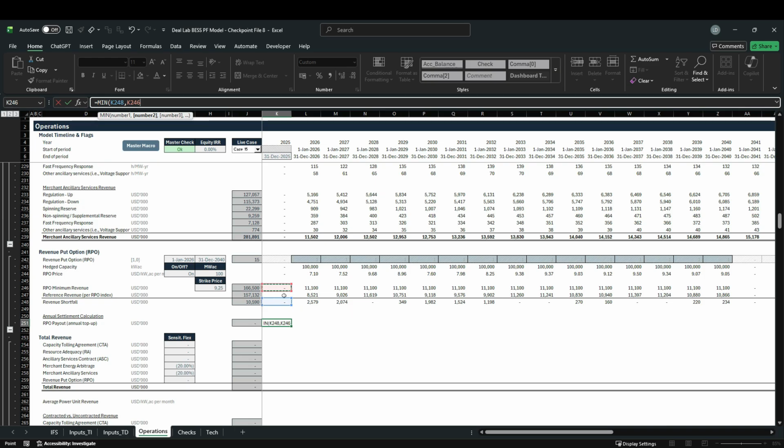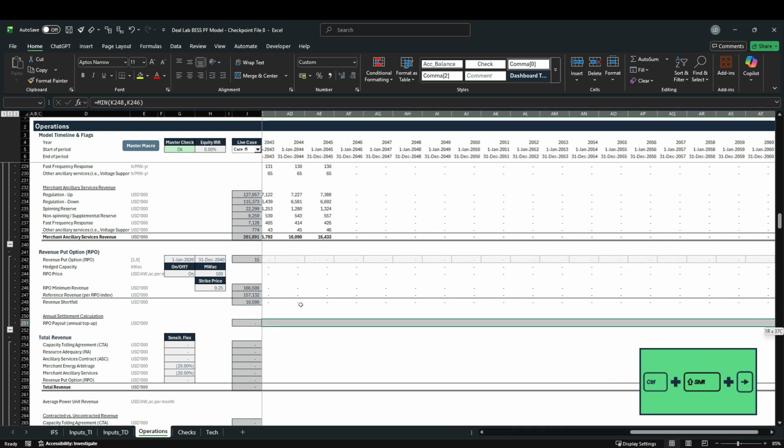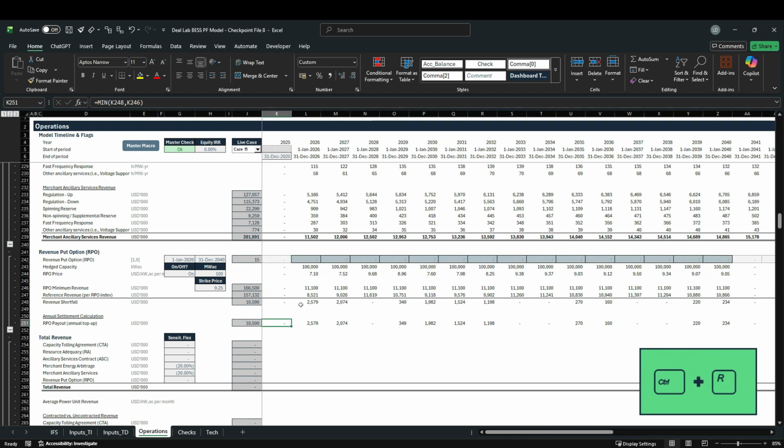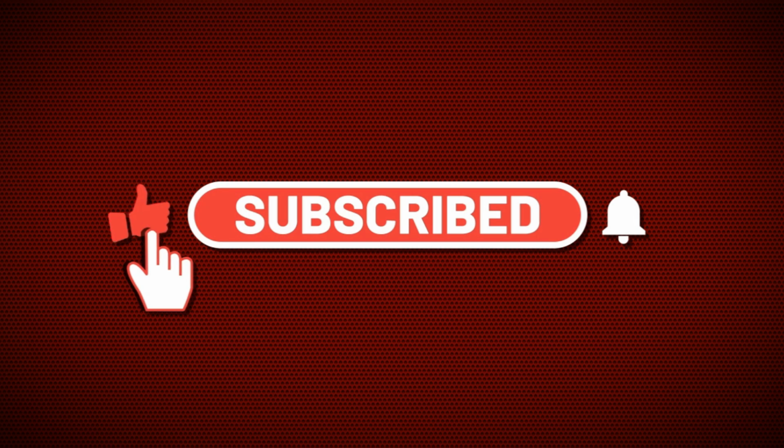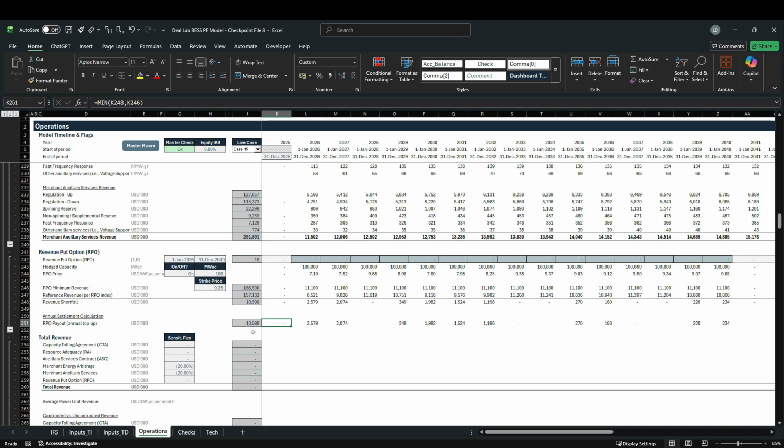So if for whatever reason the RPO index would turn negative, then we would only get paid out $11.1 million per year. And that is an assumption that our option in this case study is just structured this way. So close parentheses, hit enter, and let's drag this one over to the right. Control R. And you can see that the overall RPO payouts to ensure our minimum revenue threshold will be roughly 10.6 million USD over the full option lifetime.